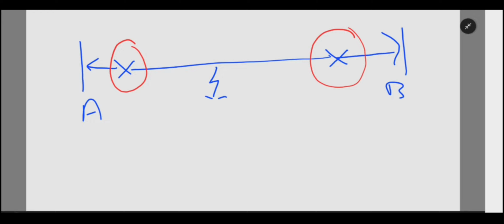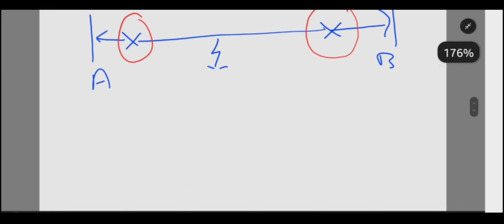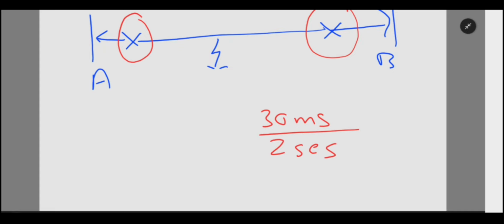Now the relay will wait for approximately 30 milliseconds, or the time given to the relay. What is the span between the breaker opening and reclosing? It may be 30 milliseconds, it may be 2 seconds. The relay will wait for 2 seconds or 30 milliseconds, whatever time is given in the relay.